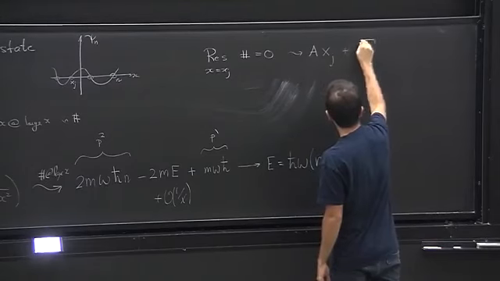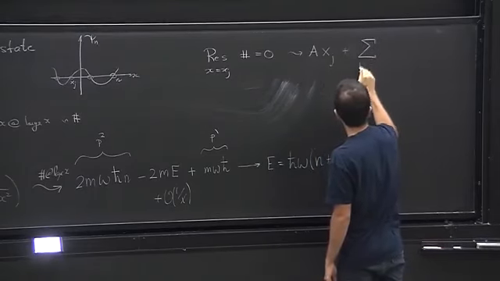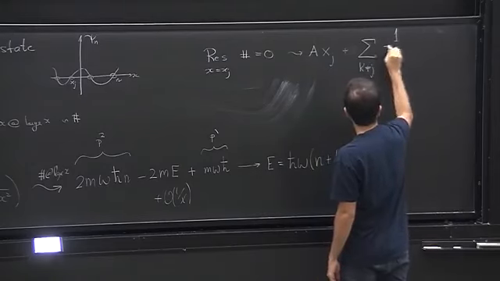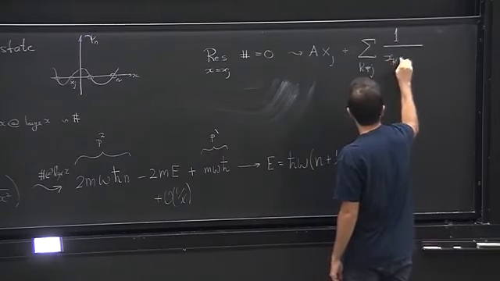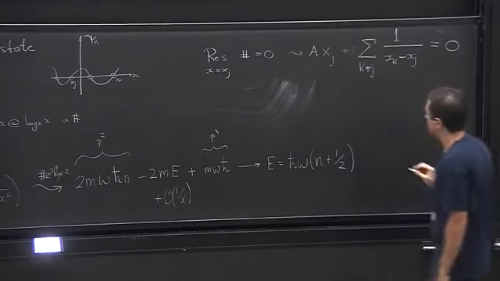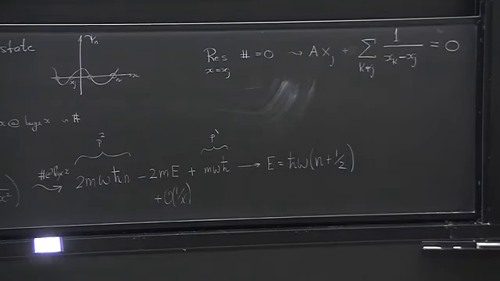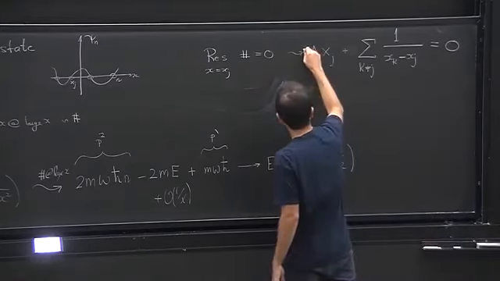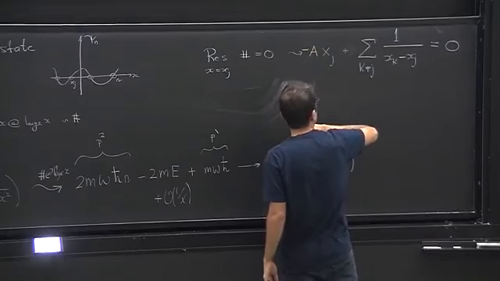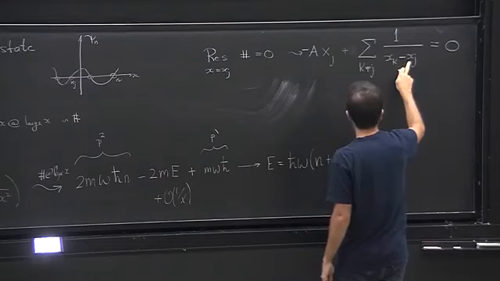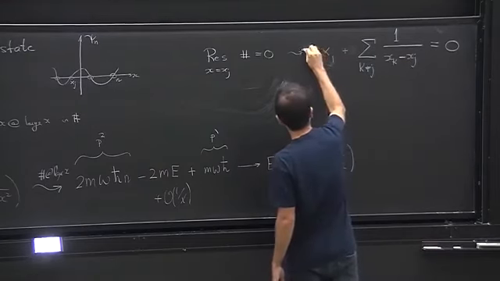Plus the summation over k not equal to j of 1 over xk minus xj equal to 0. Let me put a minus here, and say that when this is bigger than this, it is plus. Yeah, this should be okay.